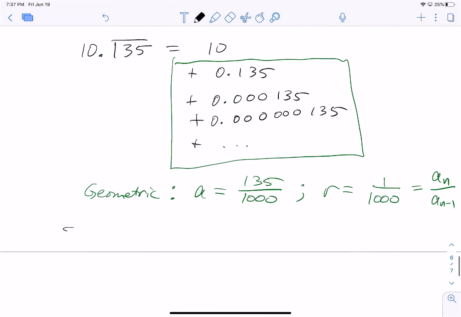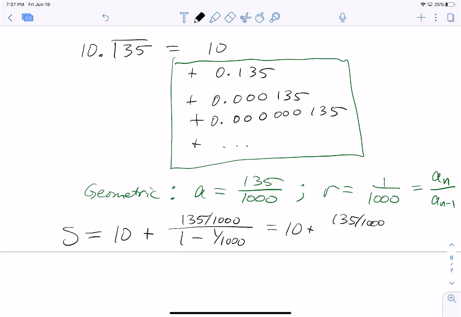The entire sum is going to be s equals 10 plus, because remember, we didn't include the 10, but it's there, the sum of an infinite geometric series, 135 over 1,000 divided by 1 minus 1/1000th. That's going to become 10 plus 135 over 1,000 divided by 999 over 1,000.